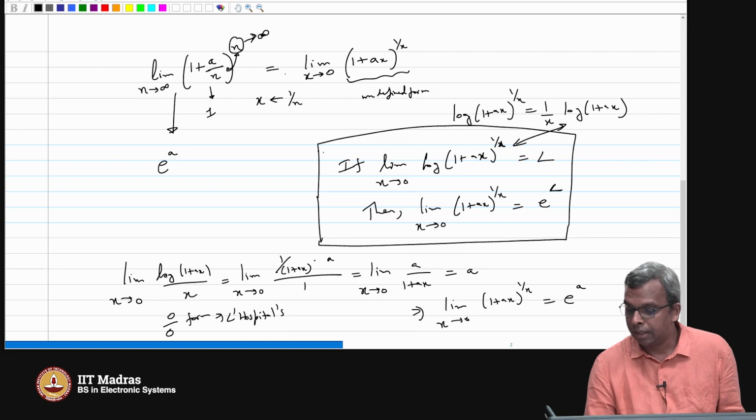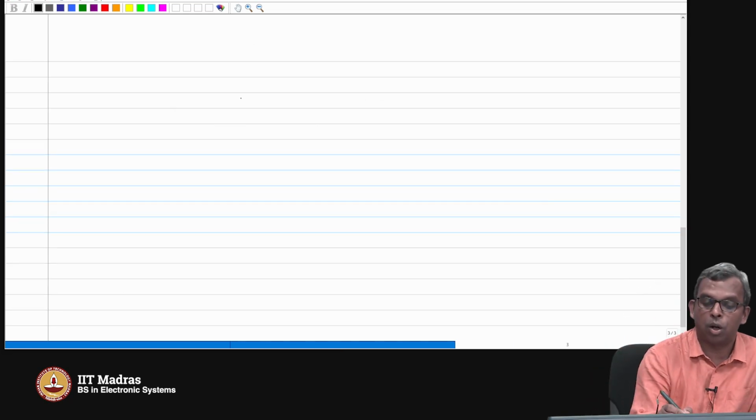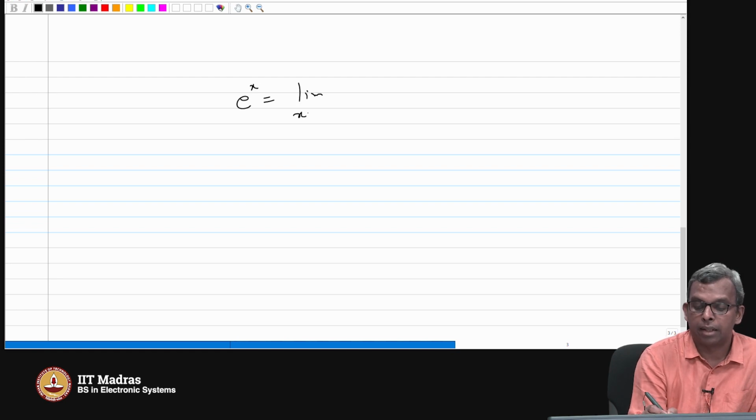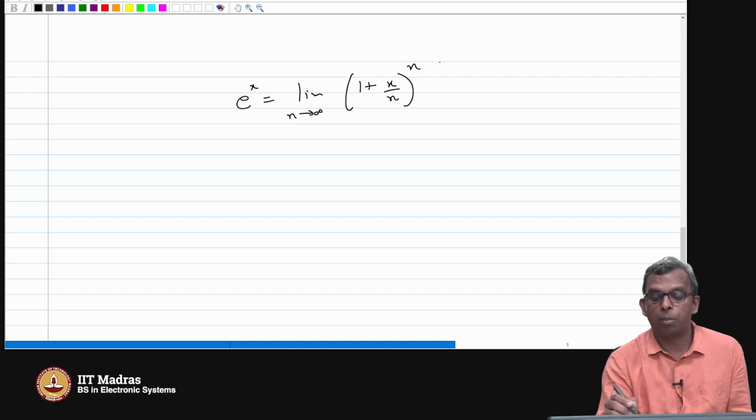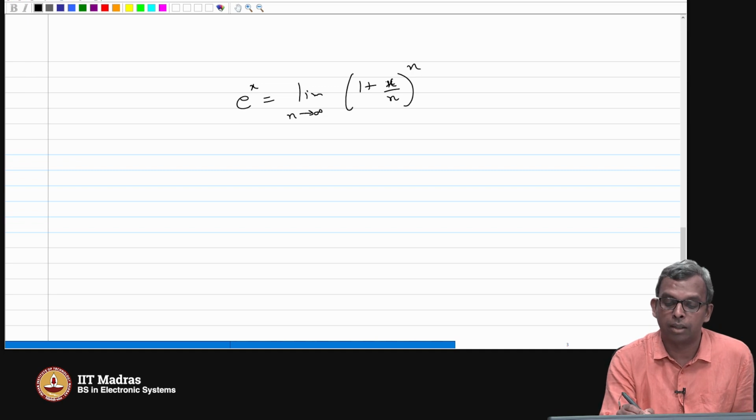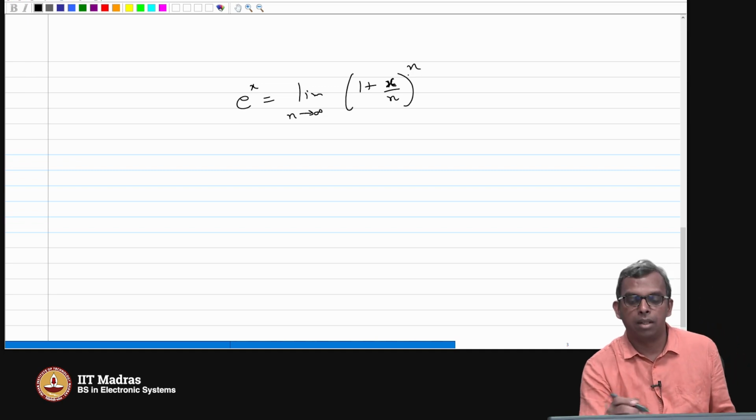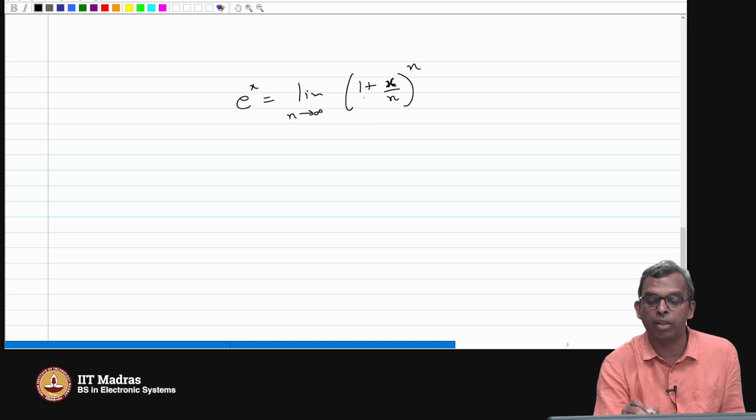So this is the reason why this is very famous, and a lot of people take this as a definition for e power x: limit as n tending to infinity of (1 plus x by n) power n. Okay. So this is a very useful definition, and there are lots of interesting properties that this definition itself has.